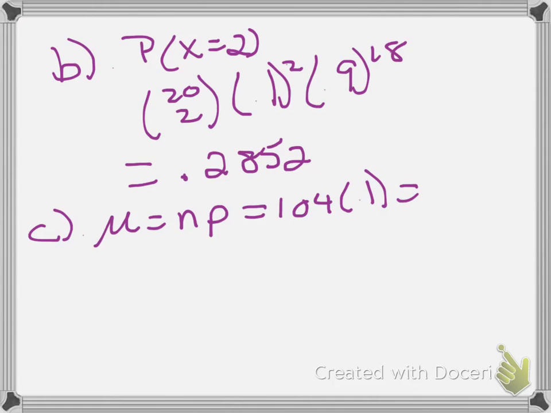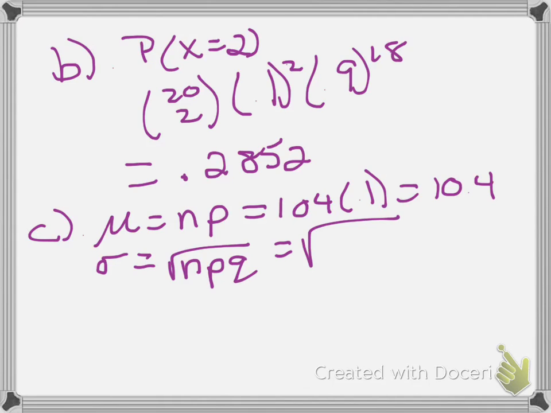What is that, 10? Which is 10. And I'm going to find my standard deviation, which is the square root of n times p times q, which is 100 times 0.1 times 0.9, and then I take the square root of my answer, and I get 3.